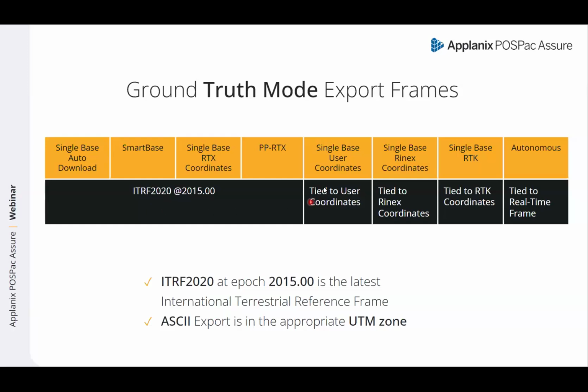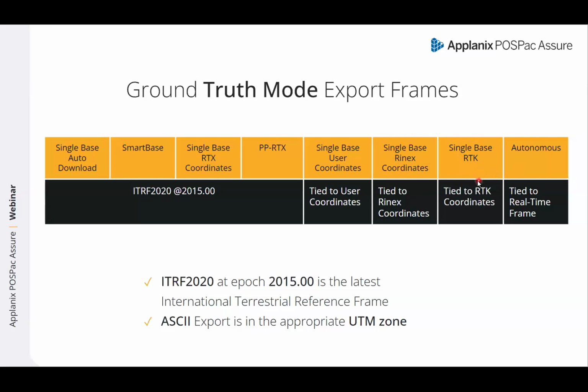Now, in case the user comes with his own base station and they enter the base station coordinates, or they trust the coordinates from the RINEX file header, in this case, the generated trajectory will be tied to the user coordinates being used, or tied to the RINEX coordinates being used. And the same applies, obviously, if the user does process with the onboard RTK corrections or in the so-called autonomous mode.